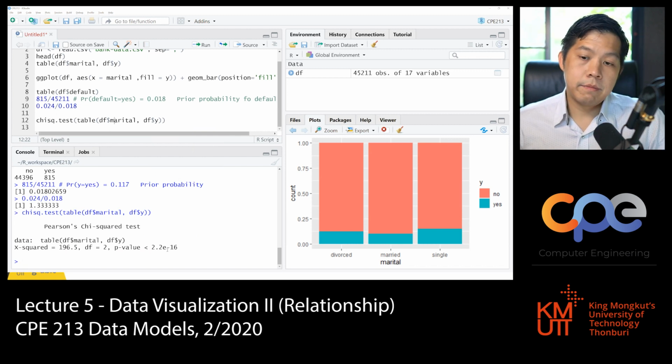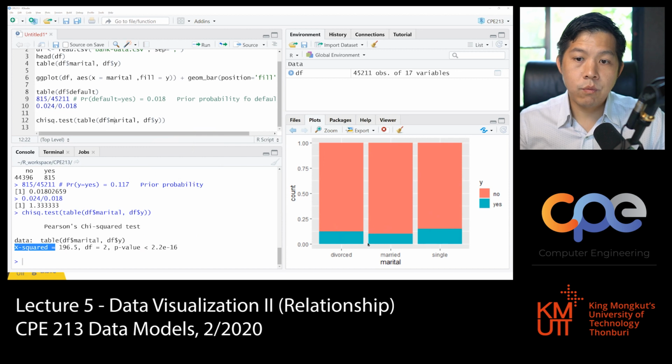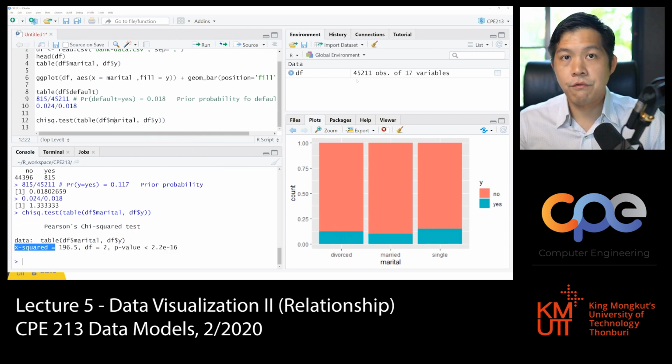What does it mean? Even though you see that the proportions are not that different, with a large number of occurrences, like 40,000, and you got this difference, it would mean that this difference is persistent, that marital is associated with the chance of accepting.